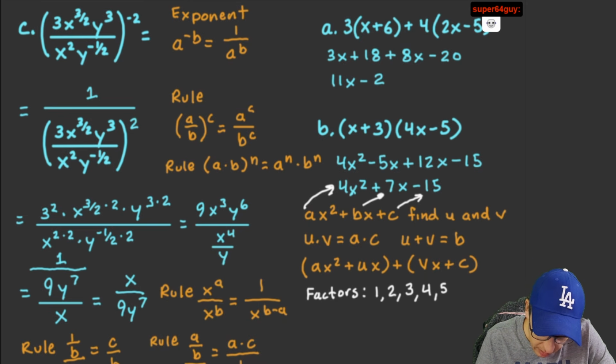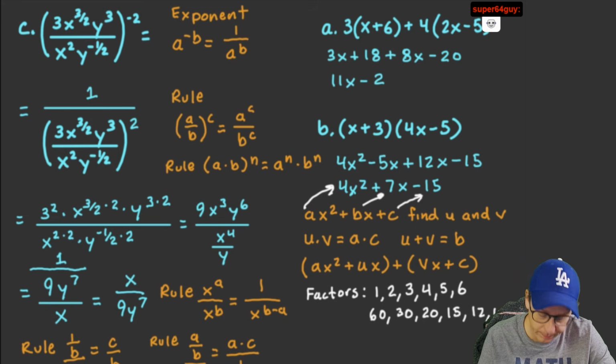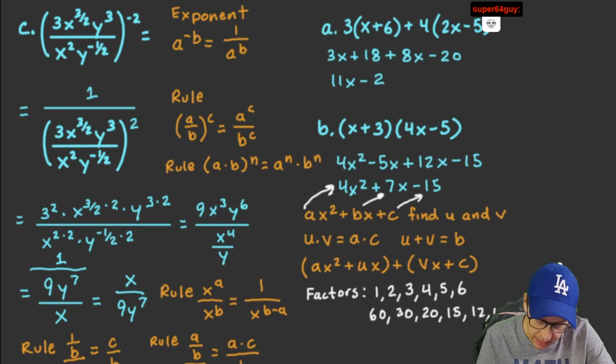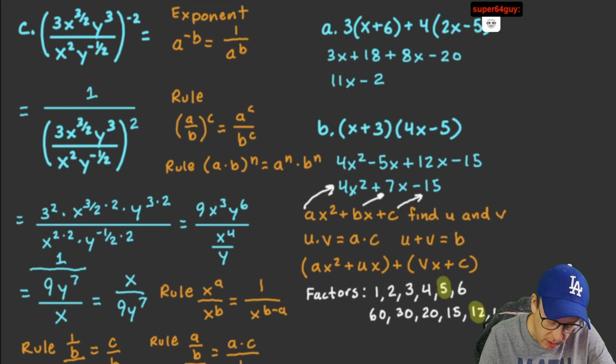And 5 and 6, and of course you're going to be able to multiply 60 and 30 and 20 and 15 and 12 and 10. There's all your factors. And if I look at all of these, I can see that 5 and 12 in this circumstance are going to fit in with our rules that we defined right here.